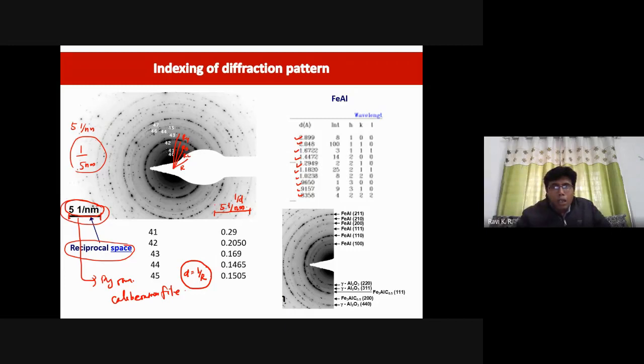How to do that? Basically, what we generally do is, once you have this image in that software, we identify the spot. Then you put a dot on different locations. Then automatically you will get this value. This is actually the 0.29 Angstrom. This is 0.2050 Angstrom. So basically, this 41 is your 0.29 Angstrom, 42 is 0.2050 Angstrom, and 43 is your 0.169 Angstrom.